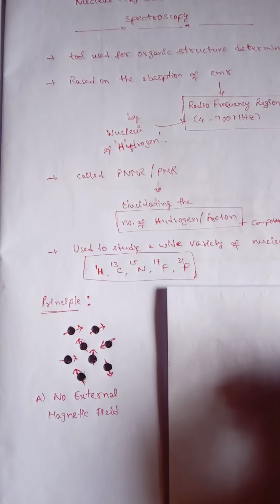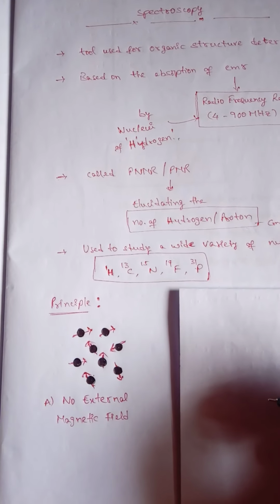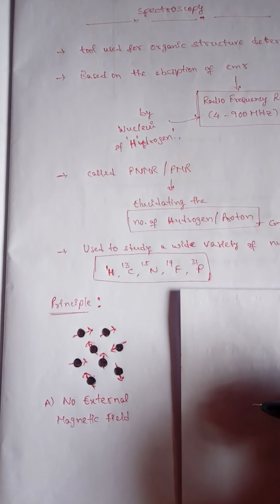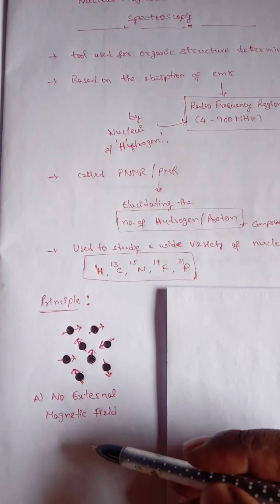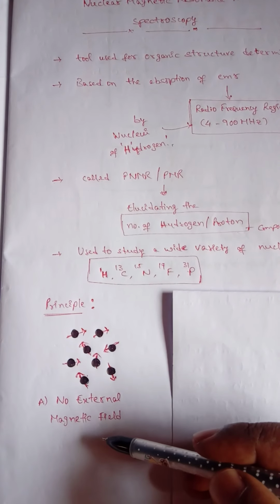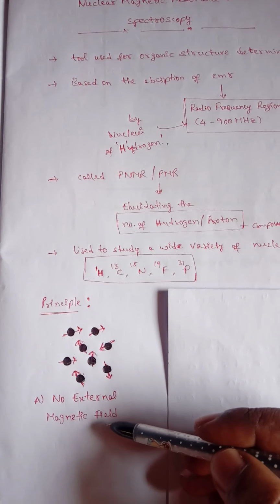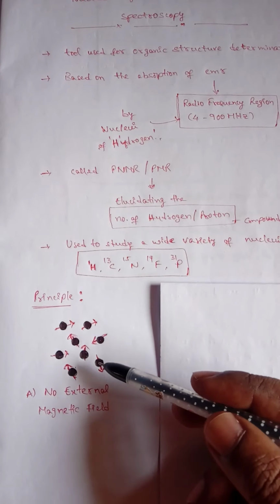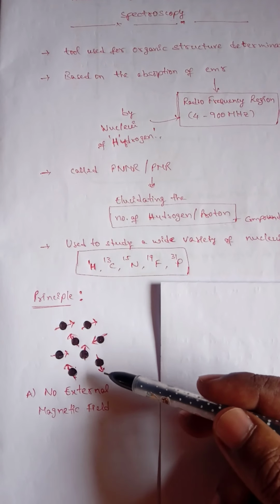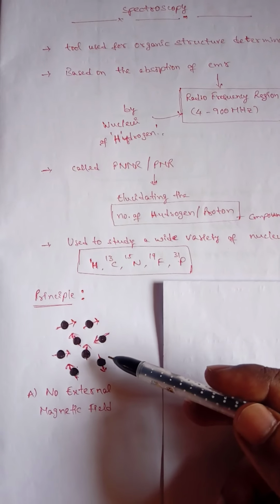The theory behind NMR comes from the spin of the nucleus generating a magnetic field. In diagram A, without an external applied magnetic field, the nuclear spins are random in direction.